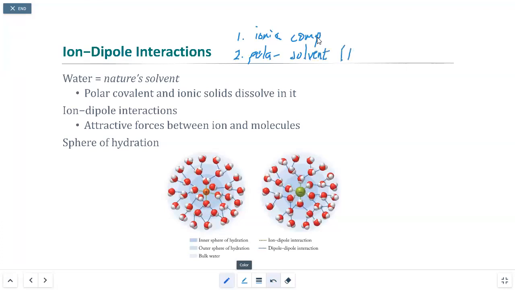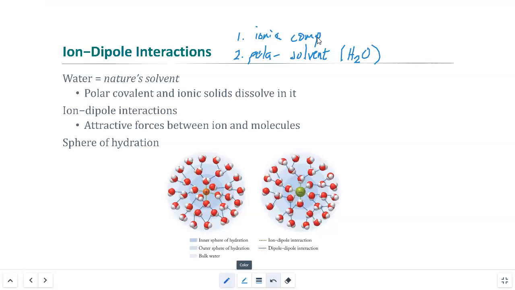And that polar solvent is usually, doesn't have to be, but it's usually water. Now, of the three polar interactions that I described, this one is the strongest. And the reason why it's the strongest is because we're not just talking about the attraction of partial positive charges to partial negative charges anymore.